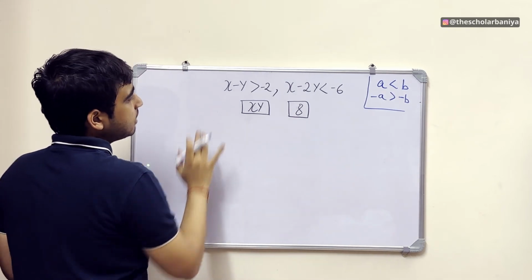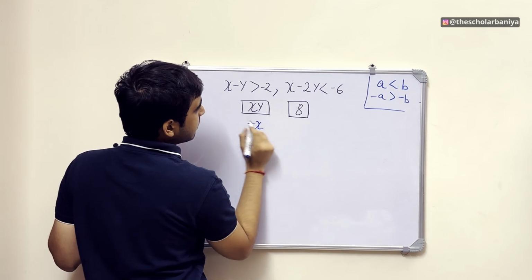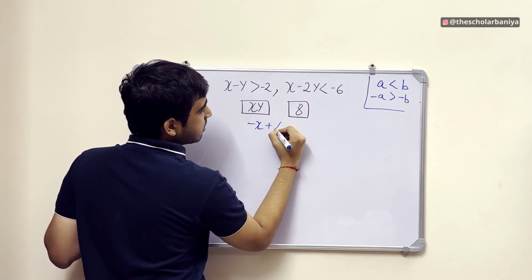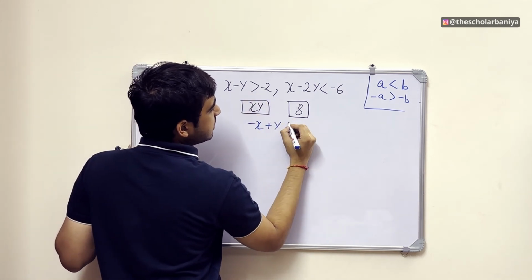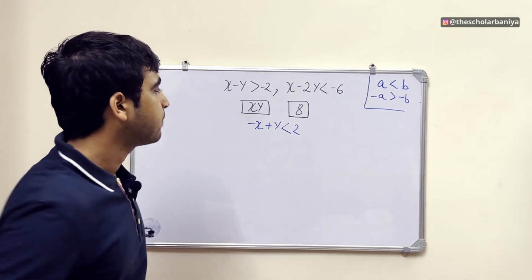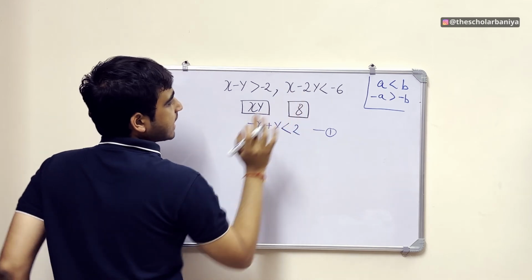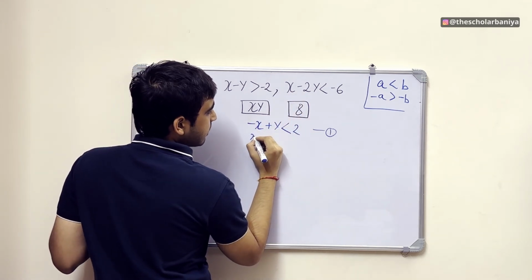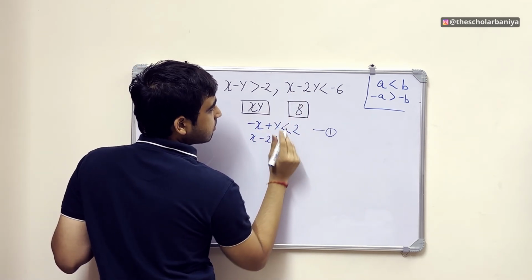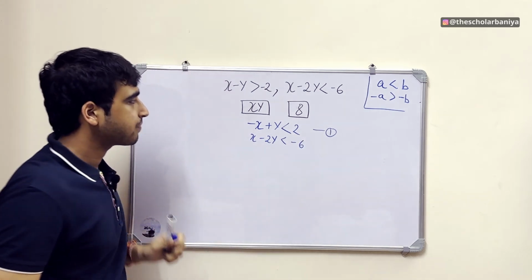So over here, if you multiply this by minus 1, what we will get is minus x plus y is less than 2. This is the first equation. The second equation we have with us is x minus 2y is less than minus 6.